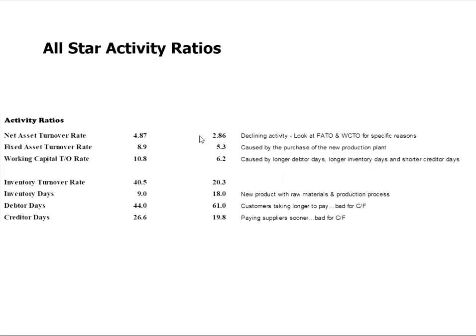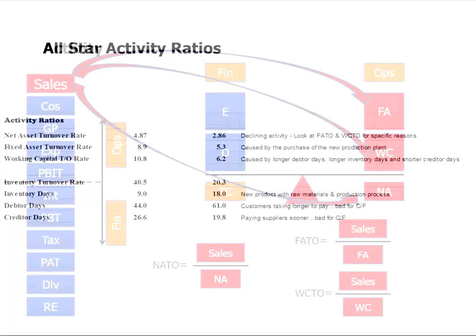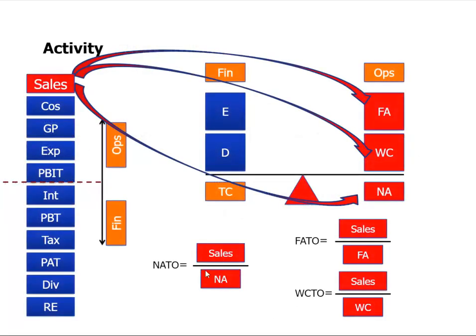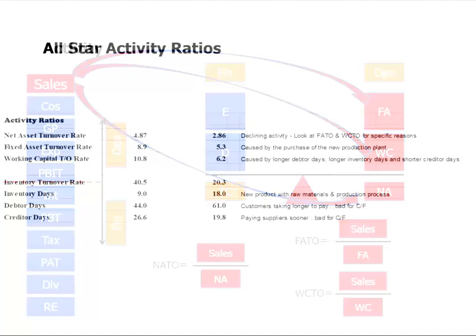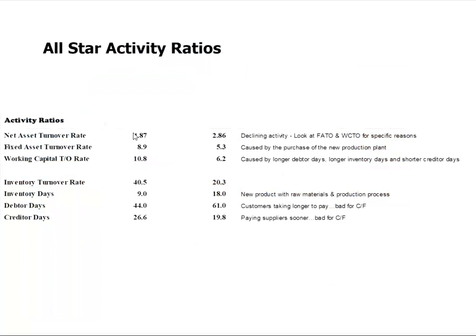So the denominator in the calculation, the sales over the net assets denominator, these net assets have gone up by more in proportion to the amount that the sales has increased by. Therefore, we get this lower activity rate. On the surface, that might be seen as a decline in performance.